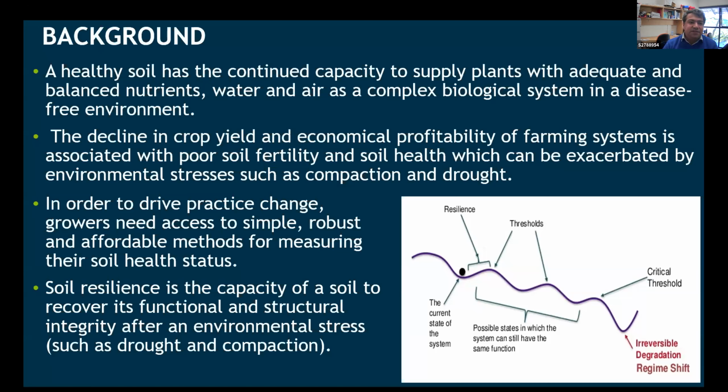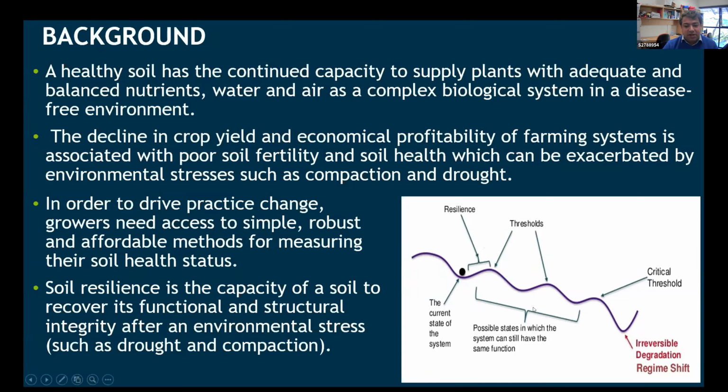But what happens if the environmental stresses become long-term or happen so frequently? Then the soil cannot resist the changes, so the soil has to change. Physical properties, chemical properties, and mainly biological properties start to change when the stresses become more frequent or long-term.